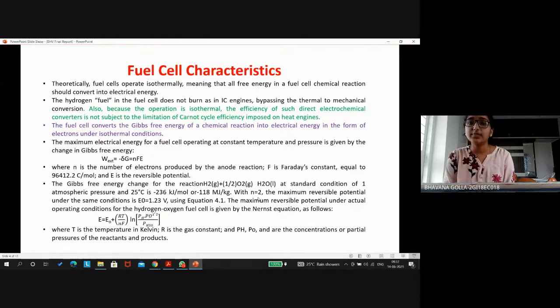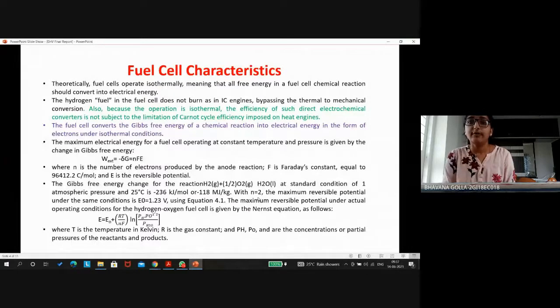It is minus because it is an exothermic reaction that is taking place here, and n is the number of electrons produced, F is the Faraday's constant whose value is 96,412 coulomb per mole, and E is the electrode potential that we are using.